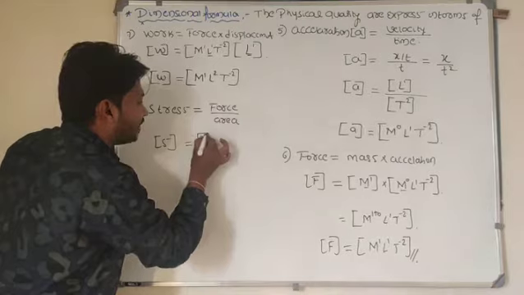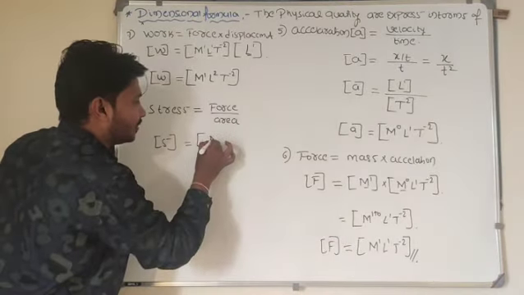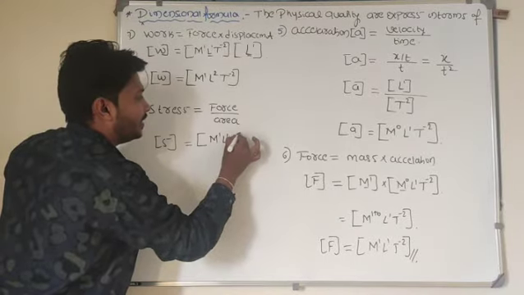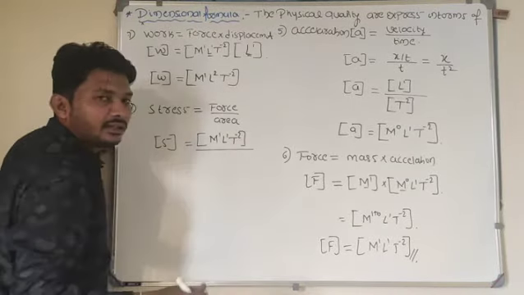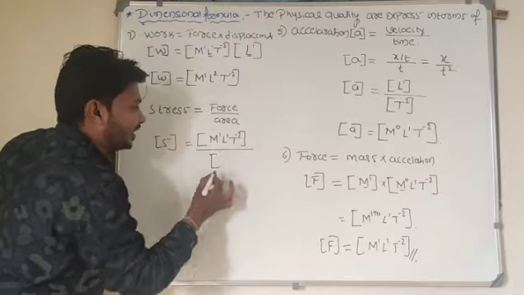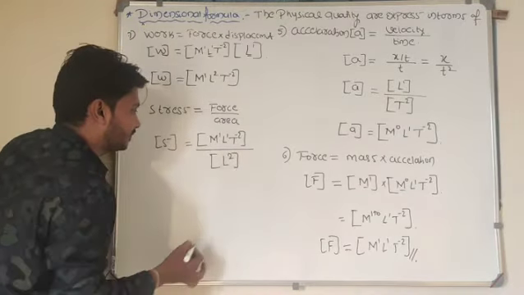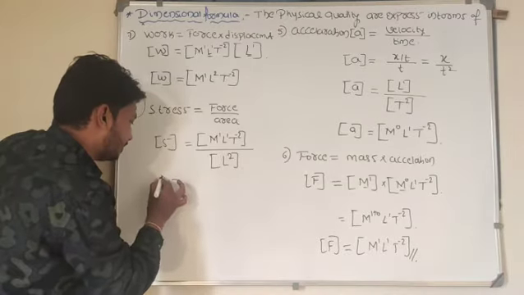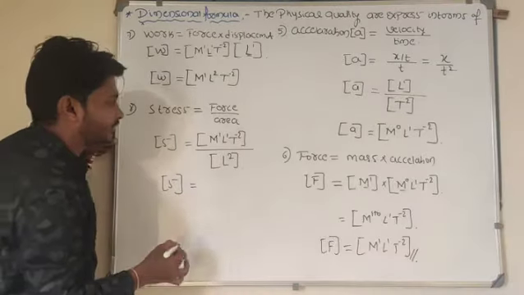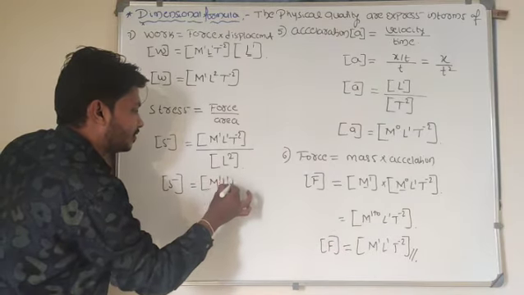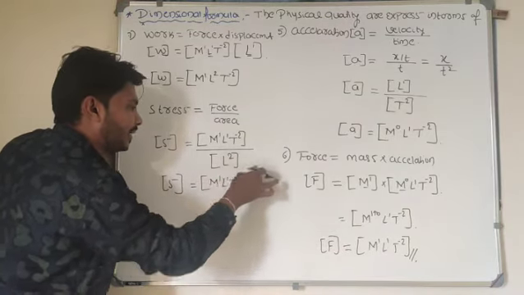The force dimensional formula is M to the power of 1, L to the power of 1 and T to the power of minus 2. Then the dimensional formula for area, length into breadth, so that is L square here. So L square means, the dimensional formula for stress here, M to the power of 1, L to the power of 1, T to the power of minus 2.